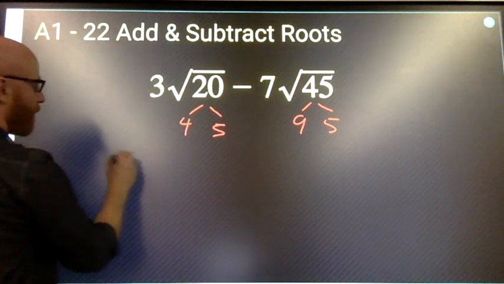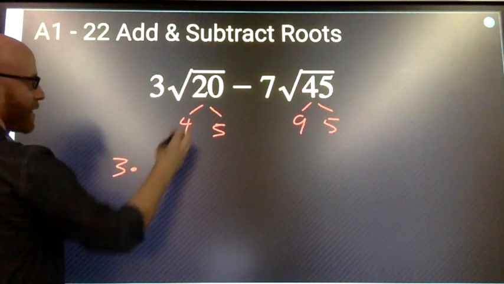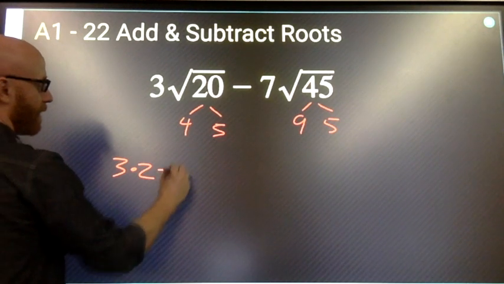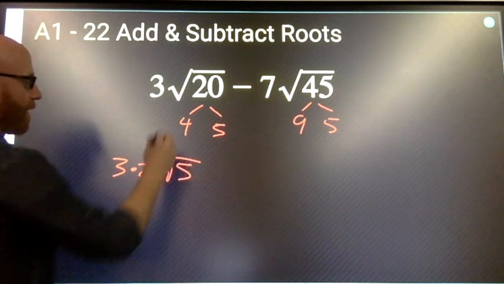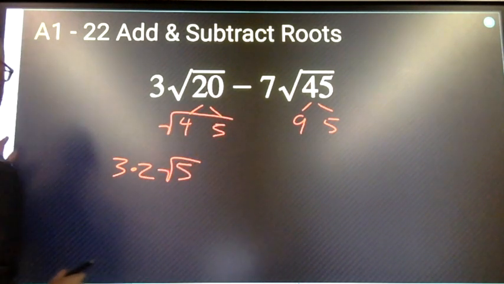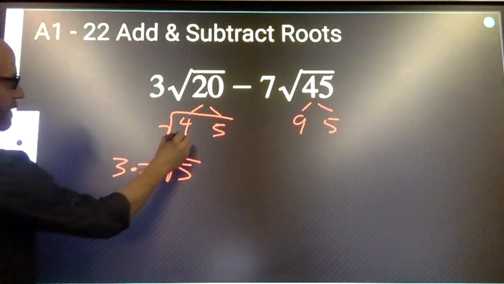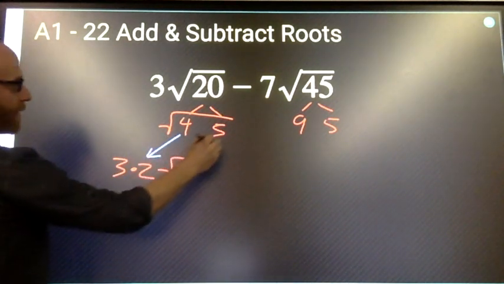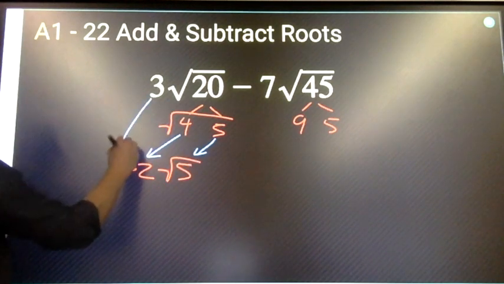So we've got 3 times the square root of 4. That's my 4. That's my 5. That's my 3.